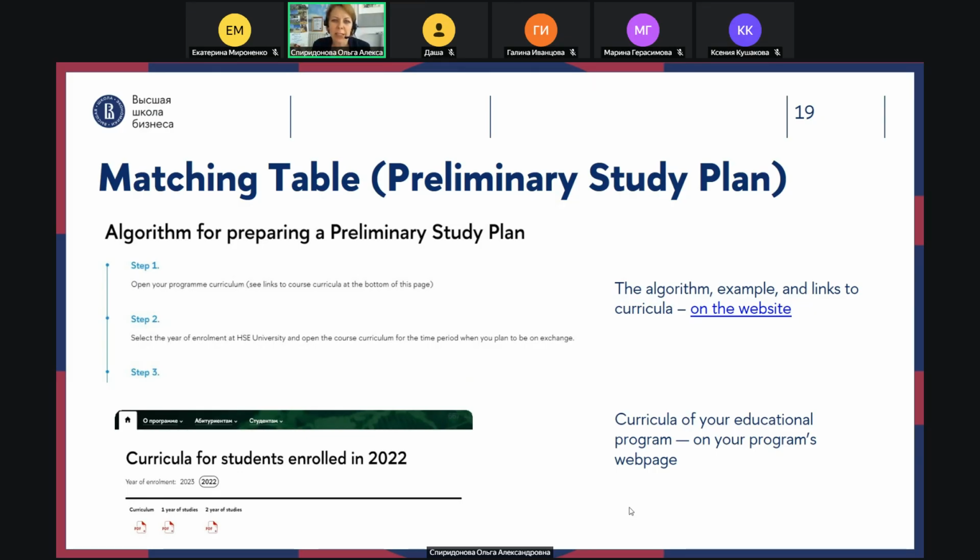You combine them and see what is matching. You take courses from the accepting university and see if they are similar to our courses, and then you can change it.